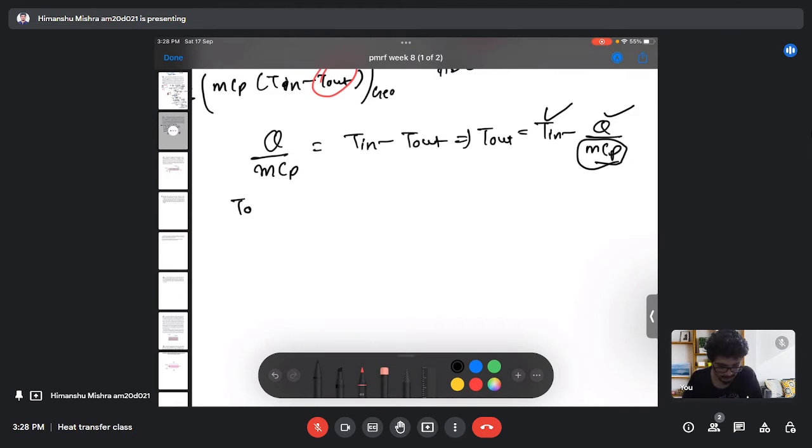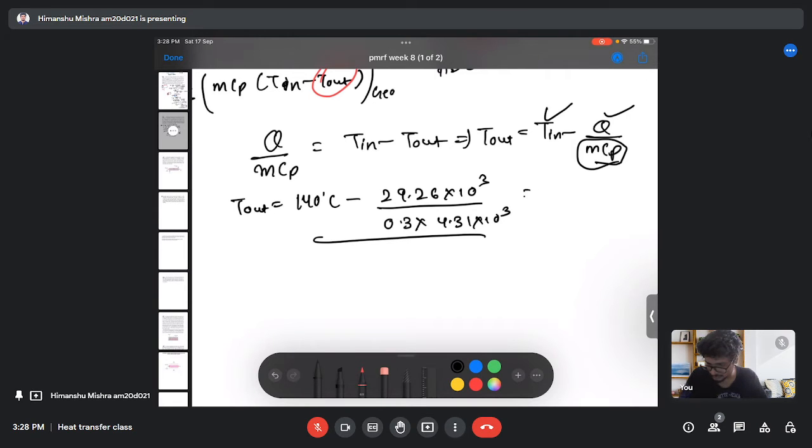So we just need to put the properties here. On calculating this, the outlet temperature will be 117.4 degrees Celsius. So this is my outer temperature for the geothermal water.